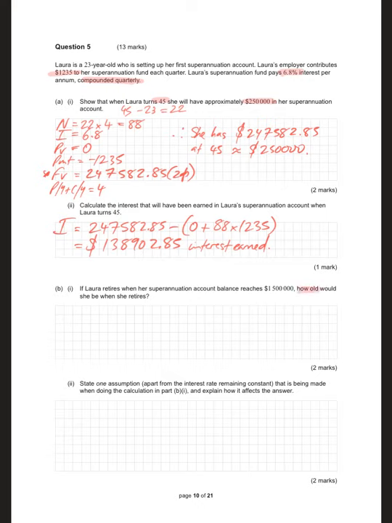PMT is negative 1235. She wants to finish at 1.5 million. Still doing it quarterly. Apps, Finance, TVM. Solve for n.